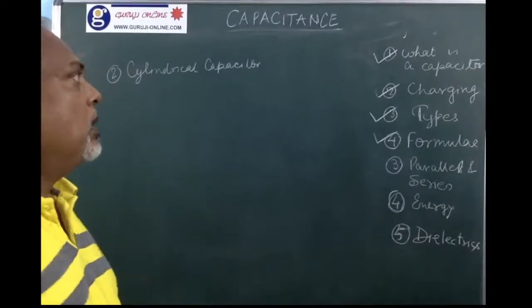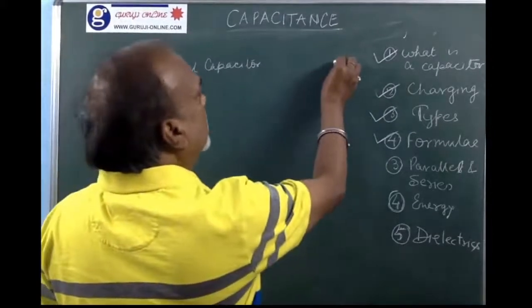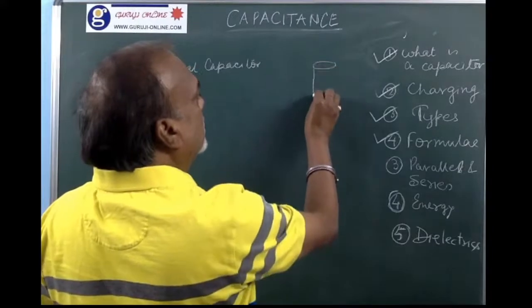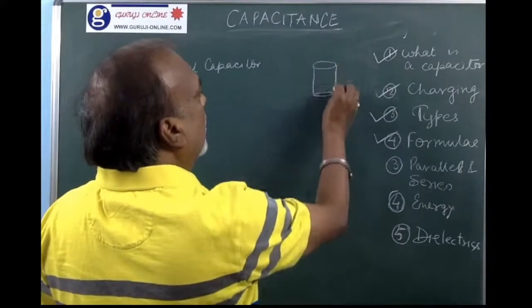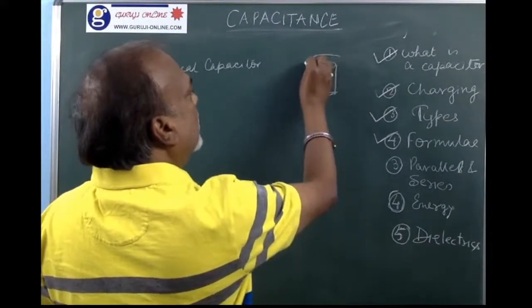So I told you cylindrical capacitor is something like this. Inside cylinder is there and one outside cylinder is there.